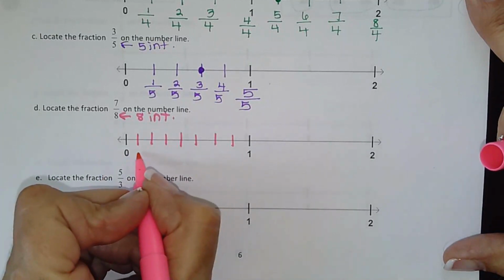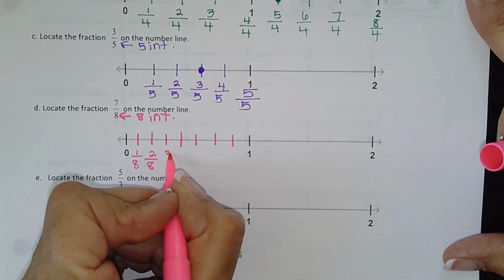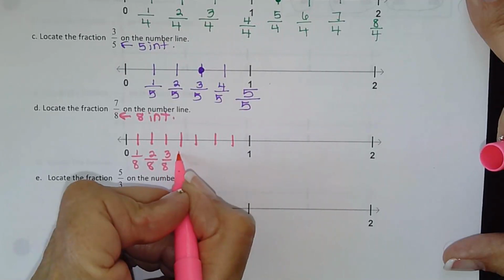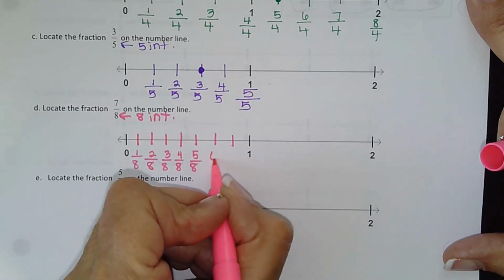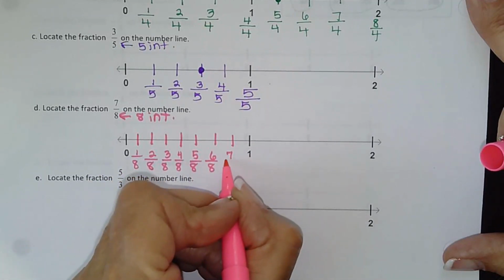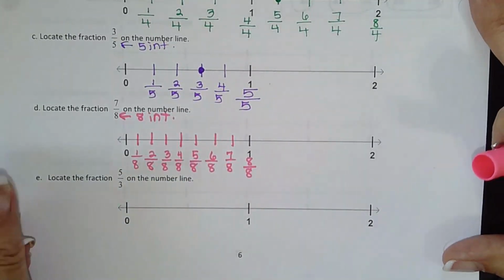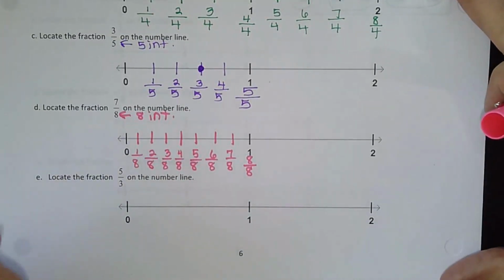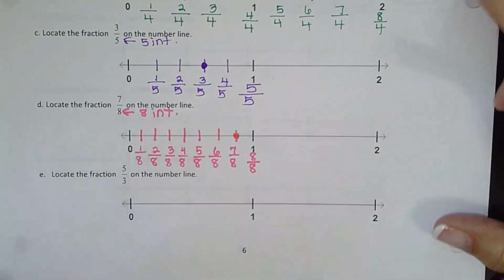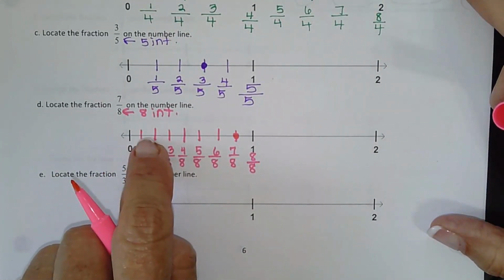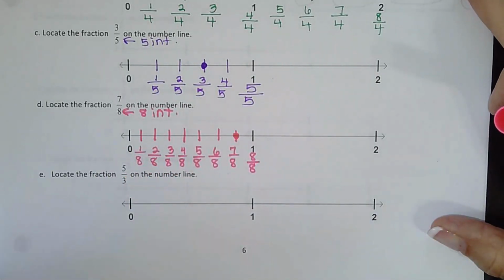So this would be 1/8, 2/8, 3/8, 4/8, 5/8, 6/8, 7/8, and we can tell we've done it correctly because 1 is under 1, because 8/8 is 1, and this says place a dot at 7 copies of 1/8. Here's 1 copy of 1/8, 2 copies, 3 copies, 4, 5, 6, 7 copies of 1/8.